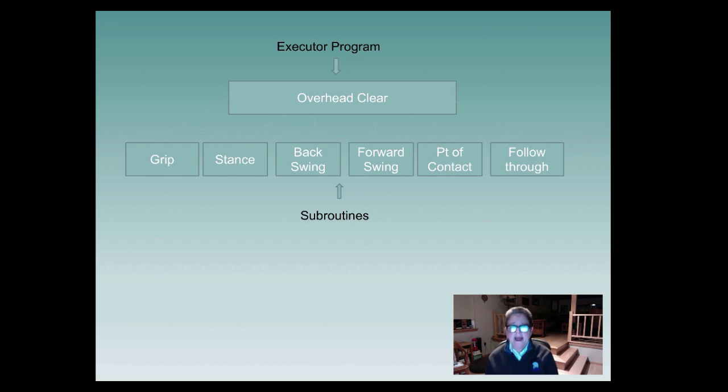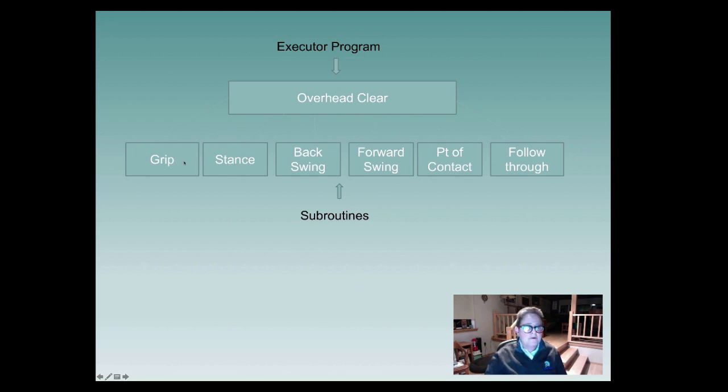That's when you go to the back of the court and you basically want to hit the bird or the shuttlecock high above the net so that it can't be smashed back at you. And you want to hit that shuttlecock all the way to the back of the opponent's court. Notice that that's your executive program.